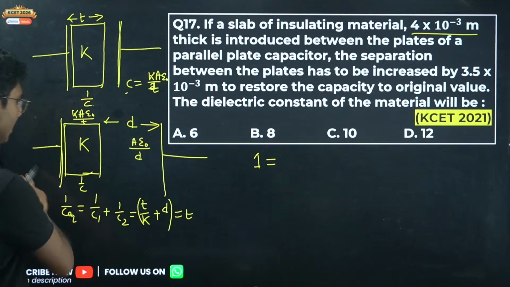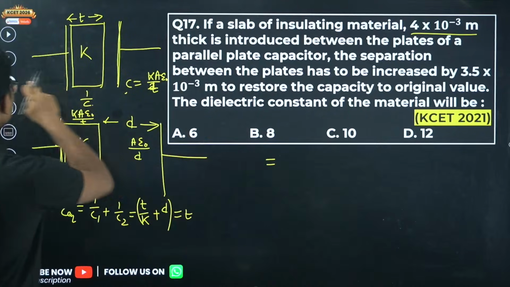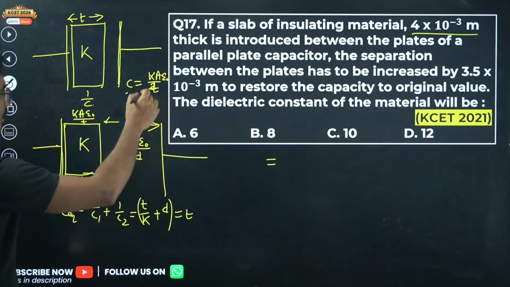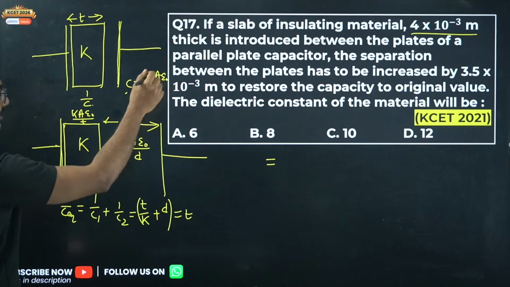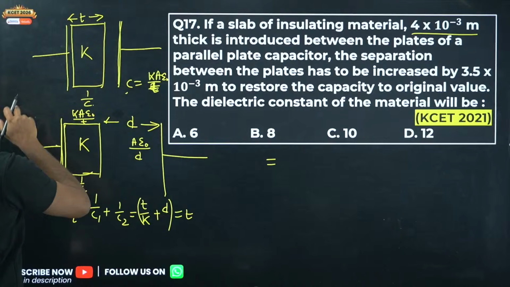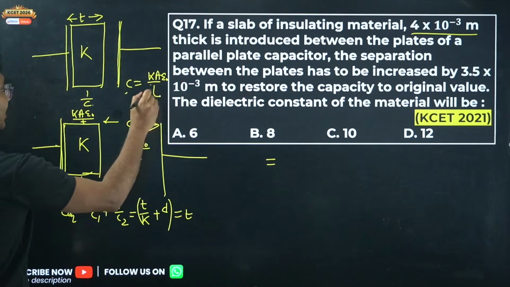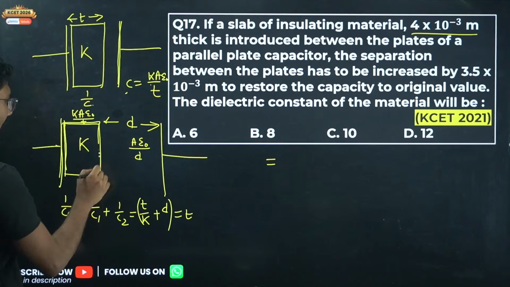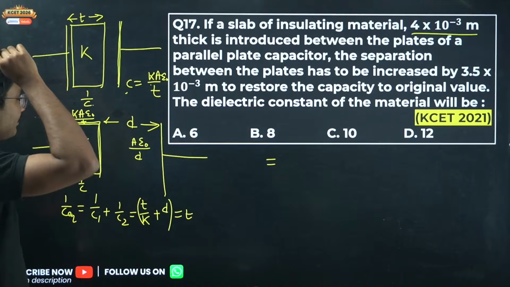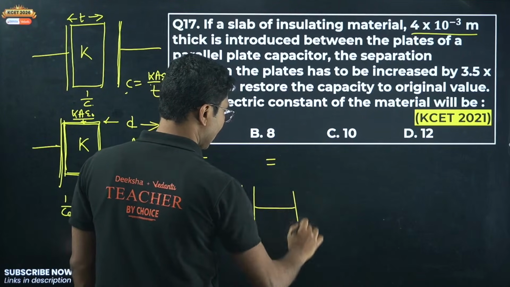The shortcut formula that you have to remember is this one, or you can do one more thing, the way I have figured it out. The capacitance normally with the dielectric is K A epsilon naught by the thickness. Now when you are connecting them like this, there is a dielectric medium and there is an air medium. So this can be considered a series combination of two different capacitors.